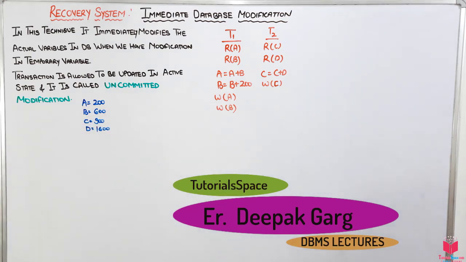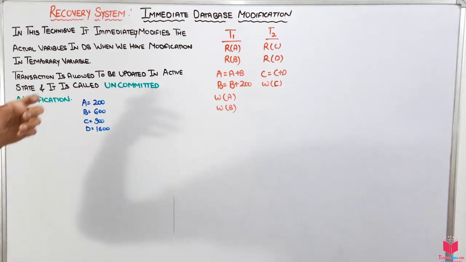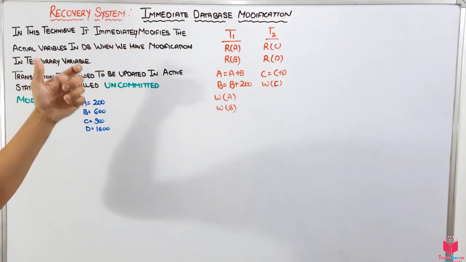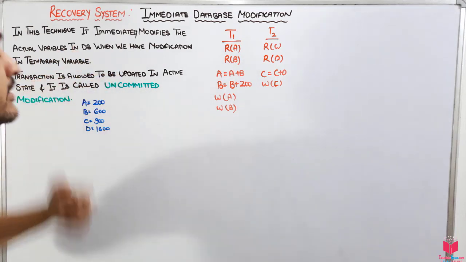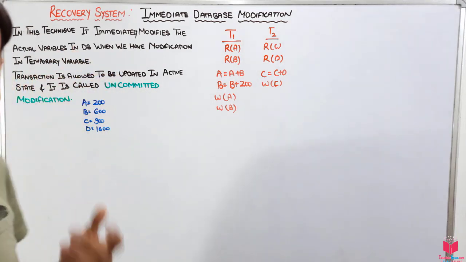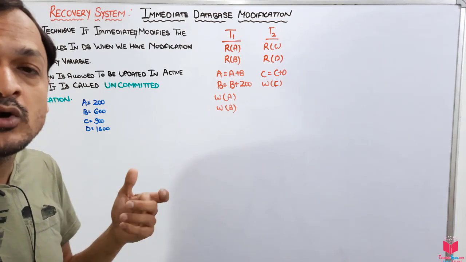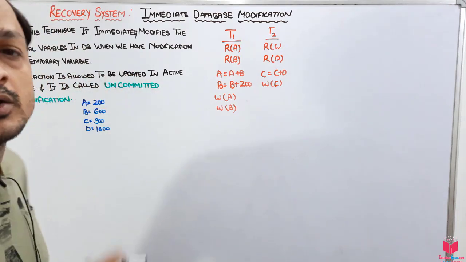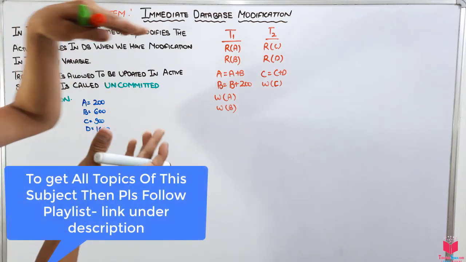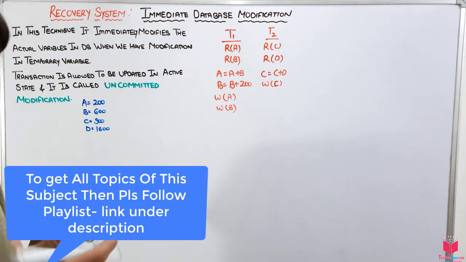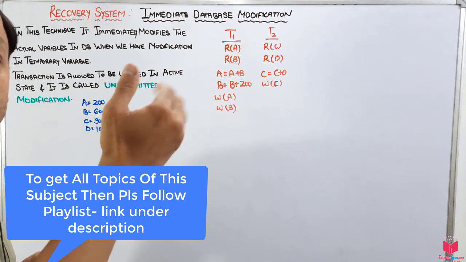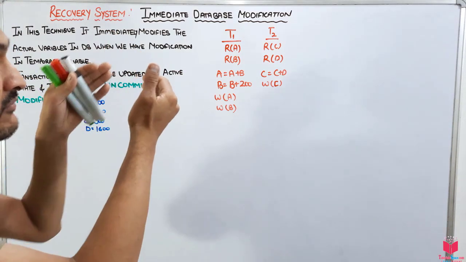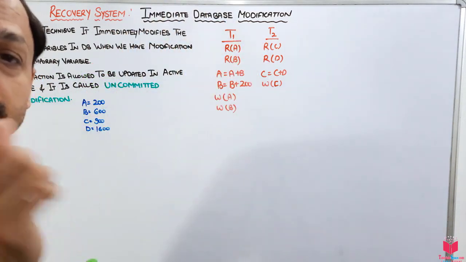So immediate database modification says, in this technique it immediately modifies the actual variables in the database when we have a modification in the temporary variable. Suppose we have a transaction, and if there is a write operation on any variable, then its log record will be entered in the log file, and when we enter this log record in the log file, it immediately modifies the temporary variable values into the main database file.